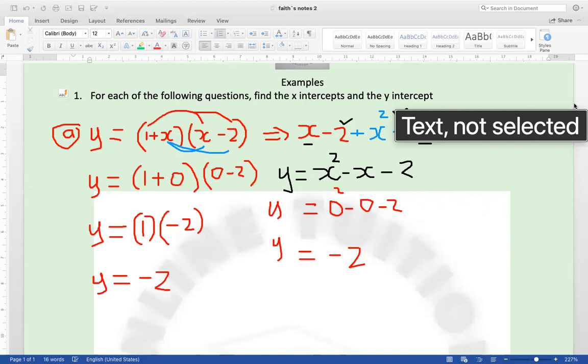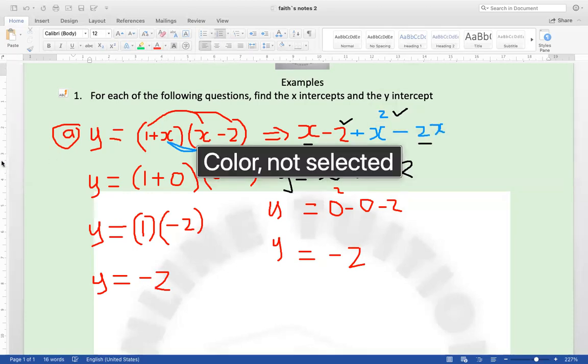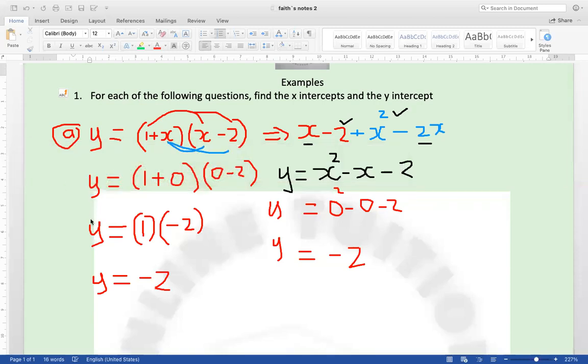So that's our y-intercept. Now, what about our x-intercept? When you say x-intercept, we are talking about the values of x where y is equal to 0. So remember, our equation is y is equal to x.